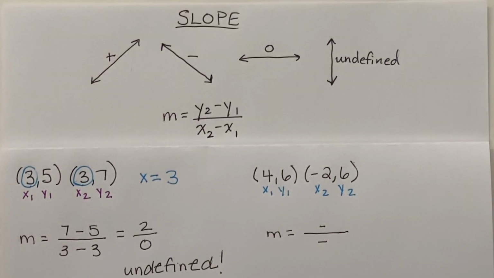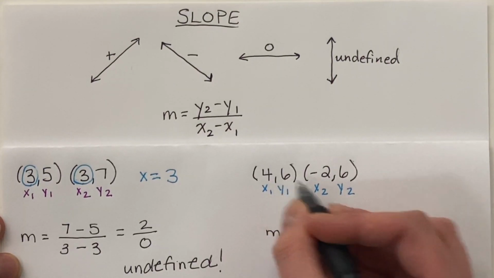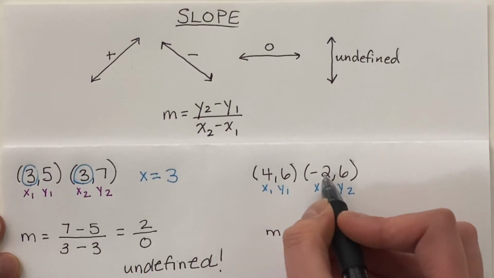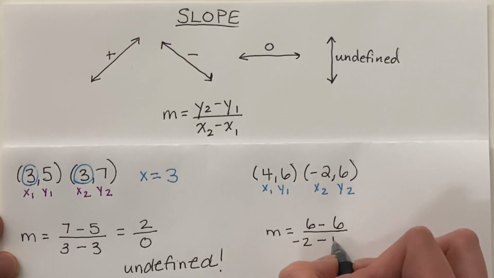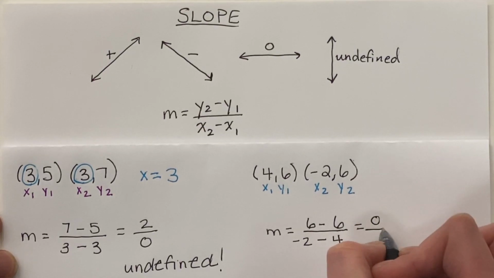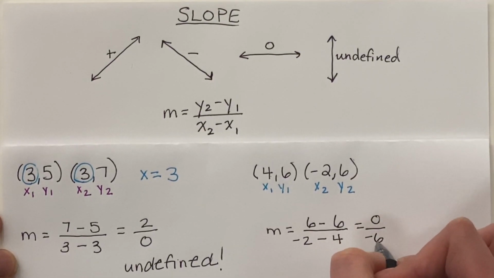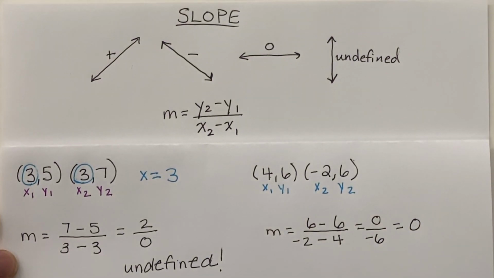And let's plug our points in. So y2 is 6, y1 is 6, x2 is -2, and x1 is 4. And when we simplify this, we are going to get 0 over -6. And anytime we have 0 in the numerator of our fraction, we know that it would be 0, which means our slope is 0.